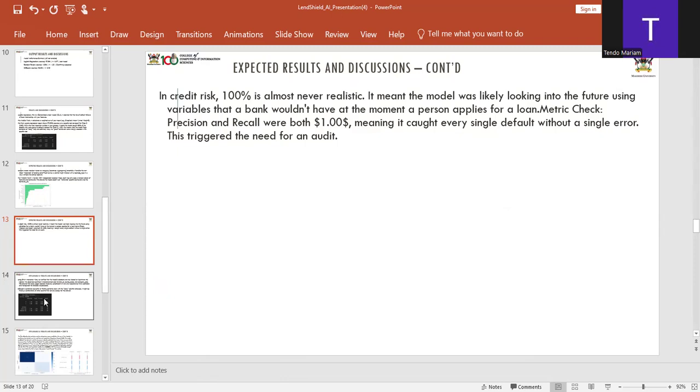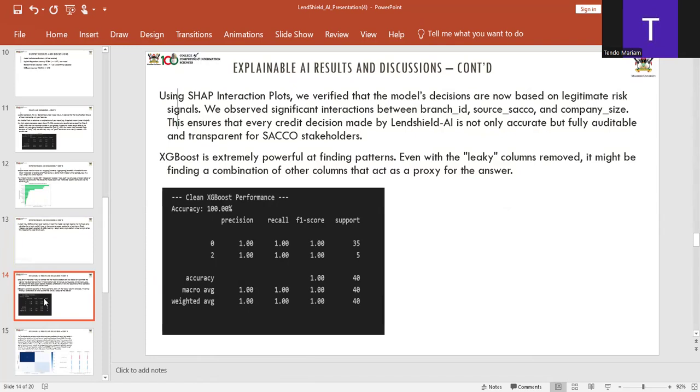I continued to the explainable AI so that I could verify and come to a conclusion about what I was training. When I used the SHAP interaction plots, I verified that the model's decisions are now based on legitimate risk signals.